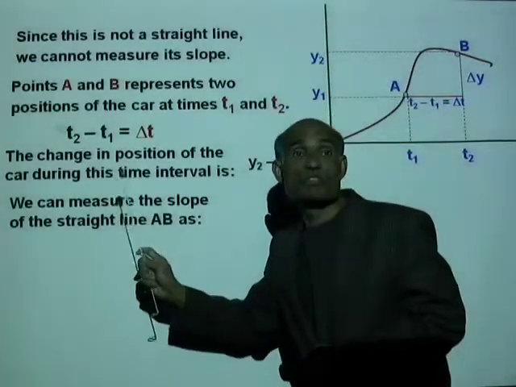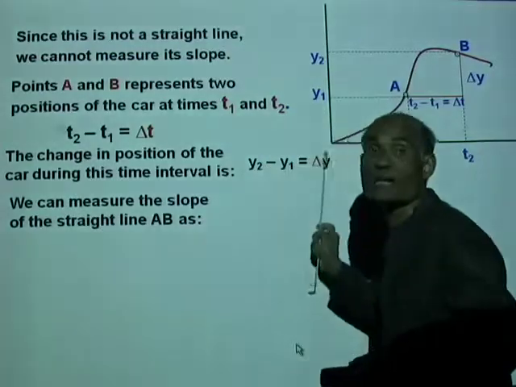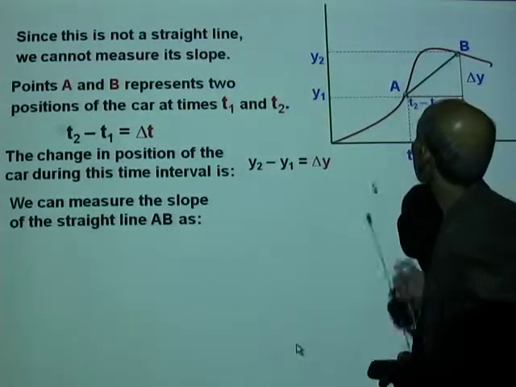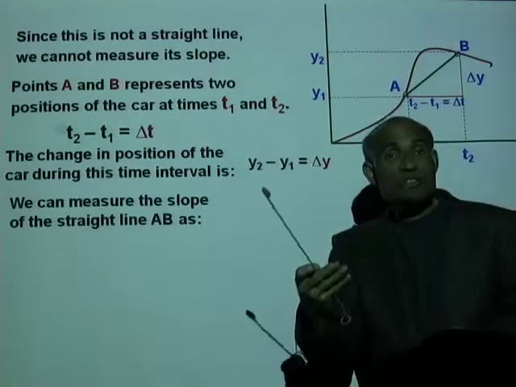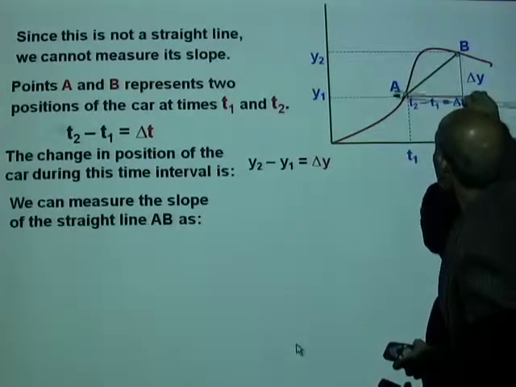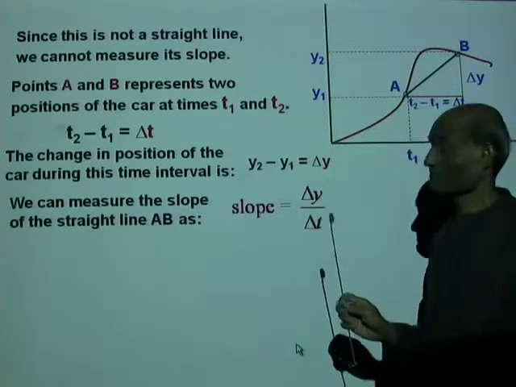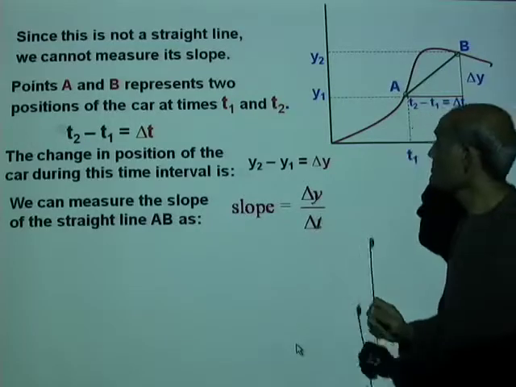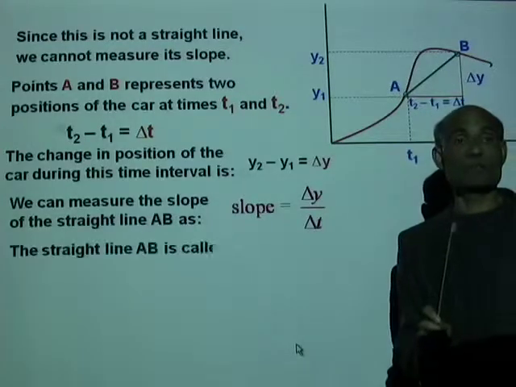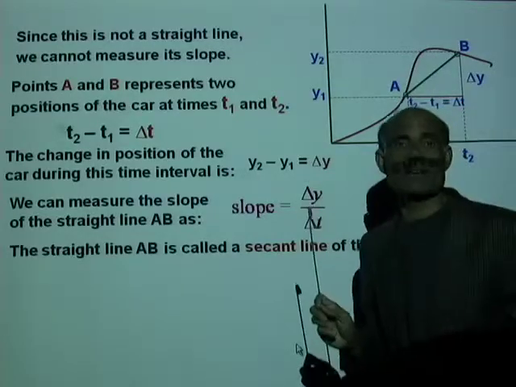Now, but we can do one thing. We can measure the slope of the straight line AB. If you join the line AB, we can measure the slope of that line. The slope of this line will be delta y by delta t. That's right. Now, we can say slope equal to delta y by delta t. Now, what is the physical significance of that?